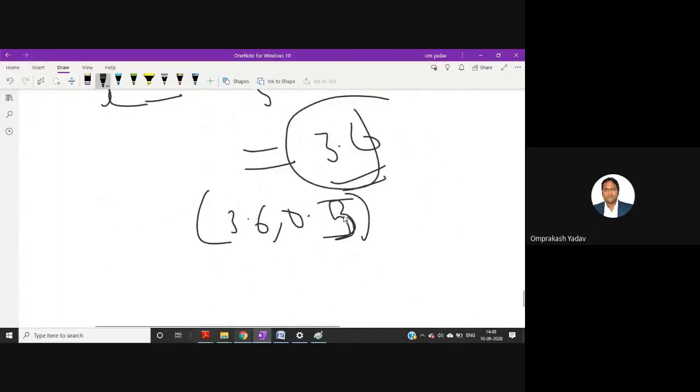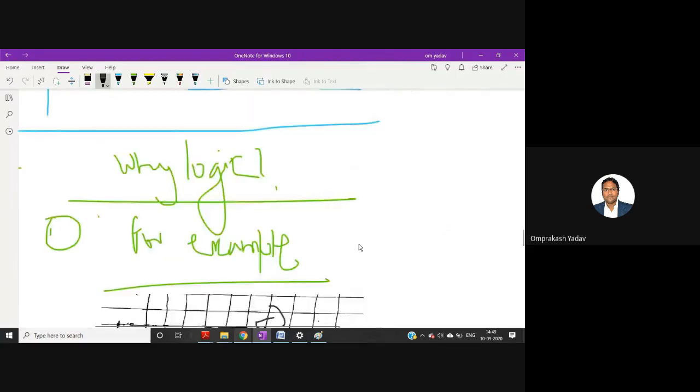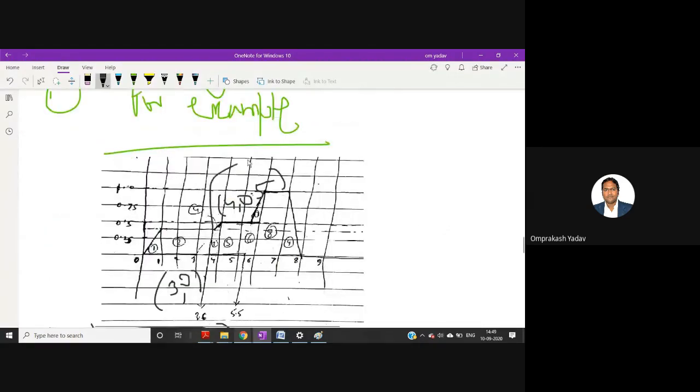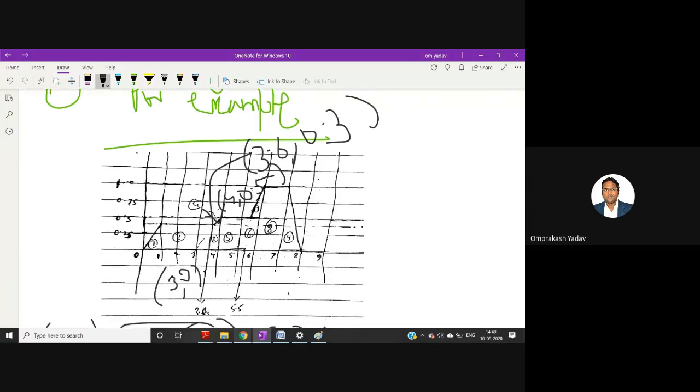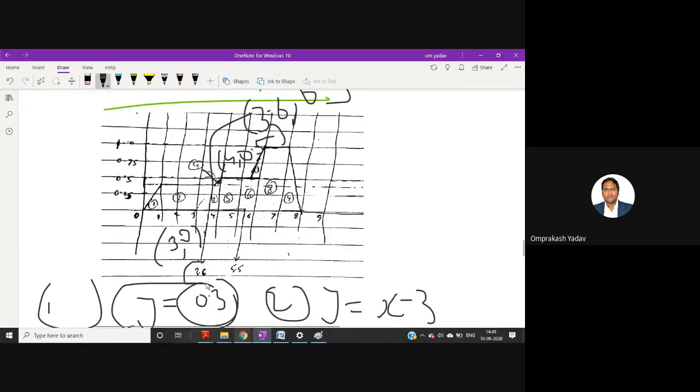Okay, sorry, 0.3. So 3.6 and 0.3. So this point I have determined. So that means the x coordinate of this particular point is 3.6. That's what I marked over here.